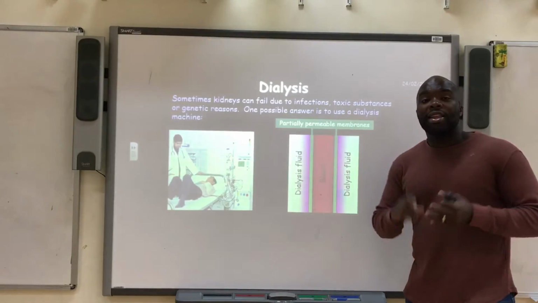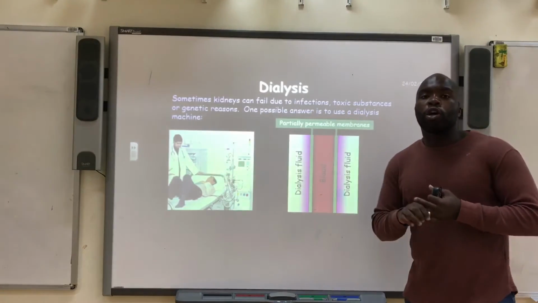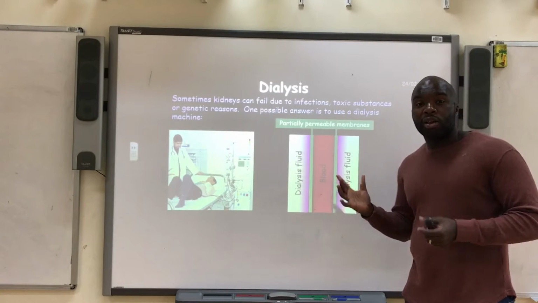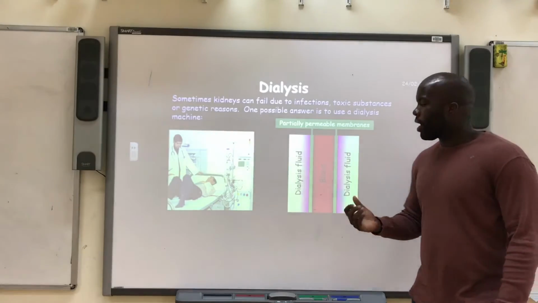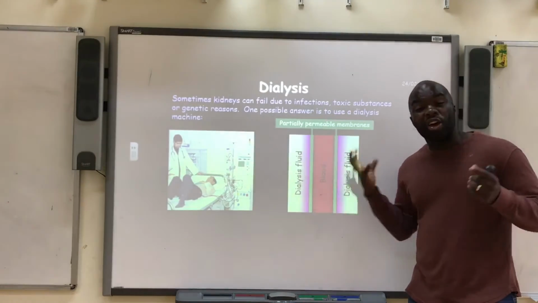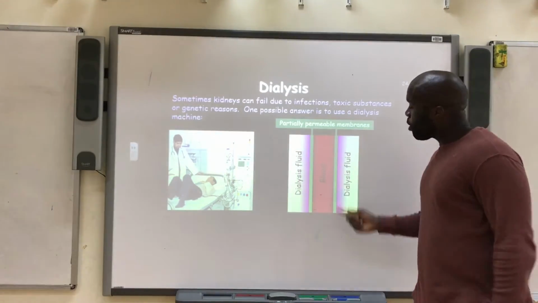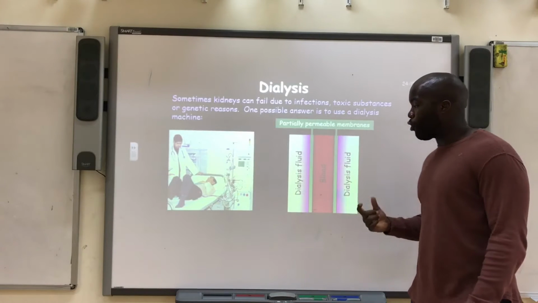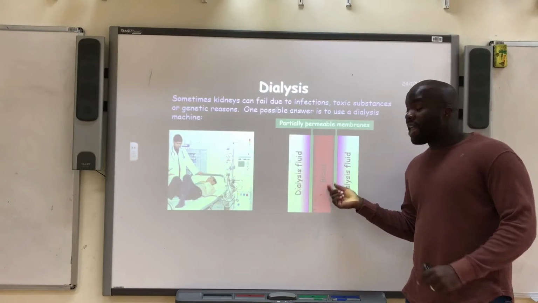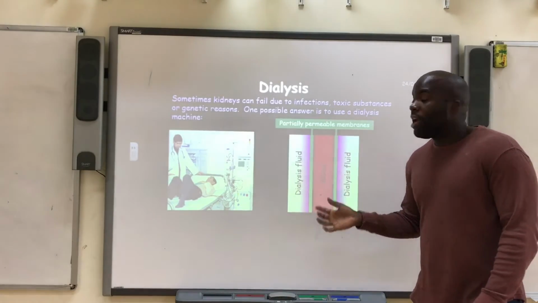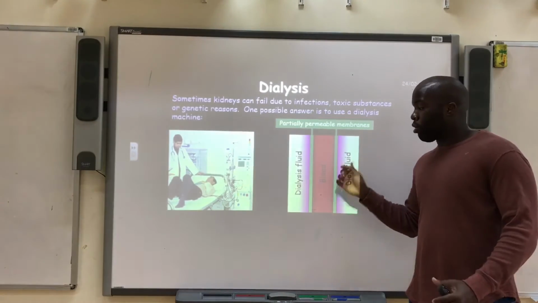It contains the same concentration of glucose and ions as the blood. So what are we looking at here? We're looking at the process of diffusion. We've now created a concentration gradient. Because there's a high concentration of urea inside the blood, urea will pass from the blood into the dialysis fluid, constantly creating that concentration gradient.